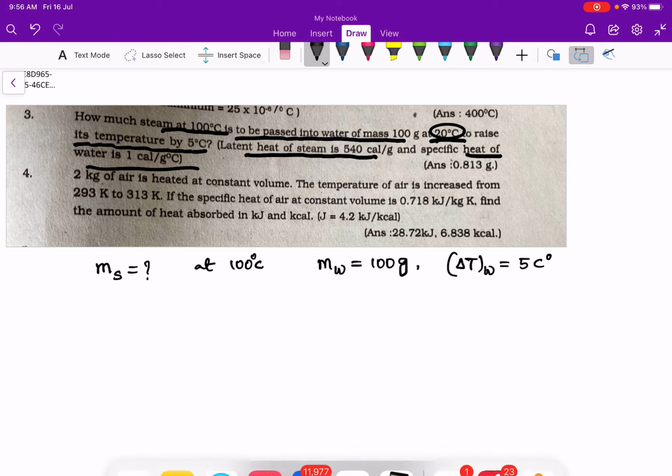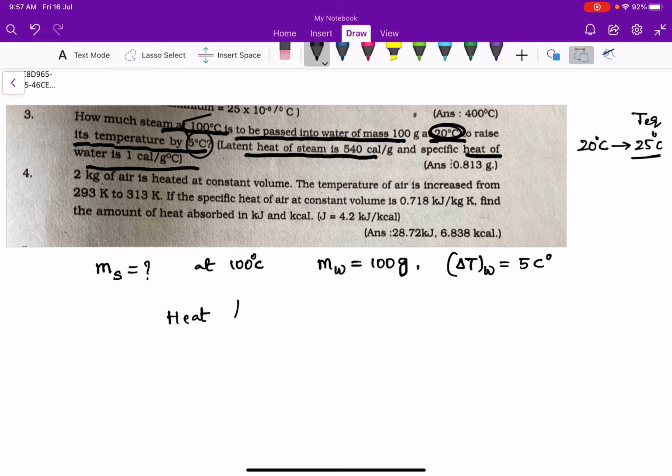The temperature of water changes from 20 degrees Celsius to 25 degrees Celsius, so the equilibrium temperature is 25 degrees Celsius. So when the steam is passed into the water, heat lost by steam is equal to heat gained by water.